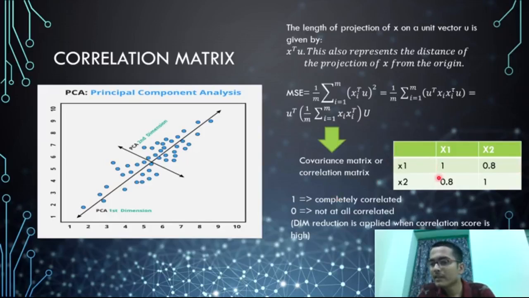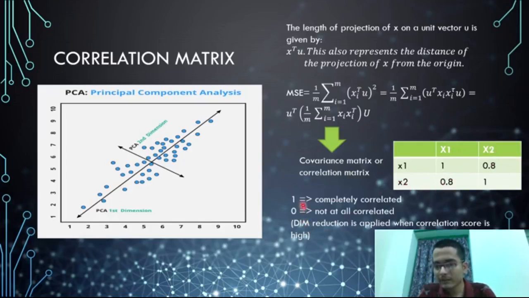If x1 is identical to x1, the correlation score is high, 1. So we give it 1. For x1 with x2, the relation is 0.8, meaning some amount of relation it is having. x2 with x1 also will be 0.8.